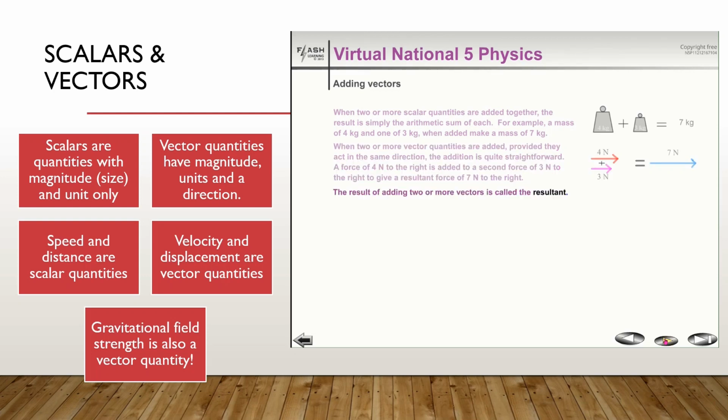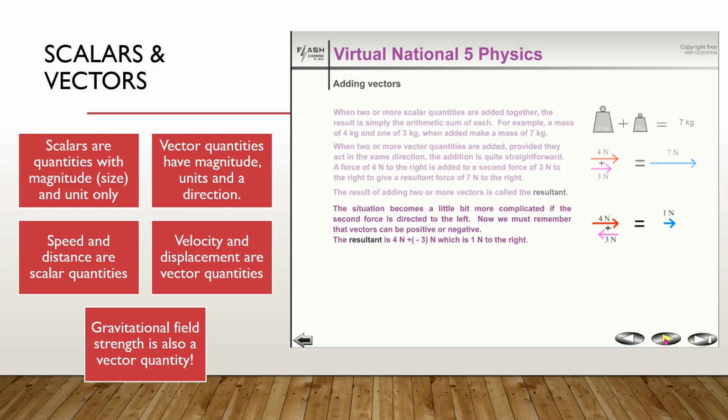However, if you've got 4 newtons pushing in one direction and 3 newtons in the other, so that's like pushing on the car again, you'll end up with an overall force of 1 newton to the right, because the 3 newtons from the push from the left cancel out 3 of the newtons to the right.